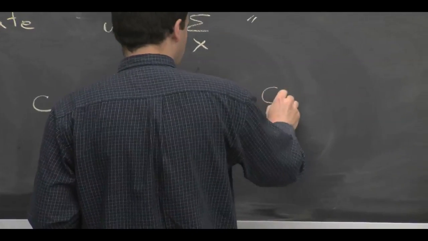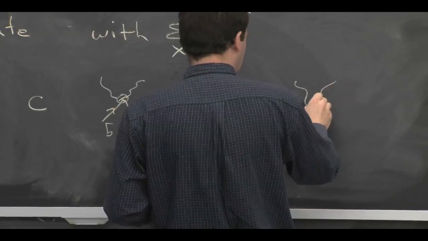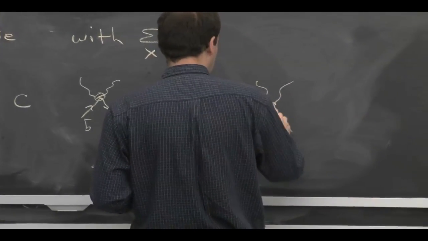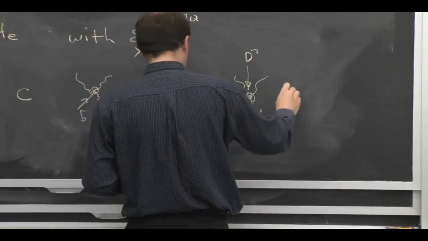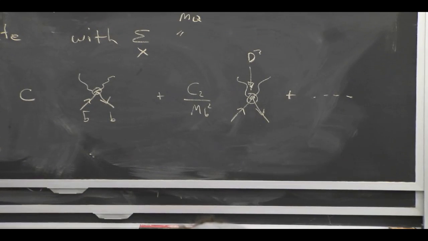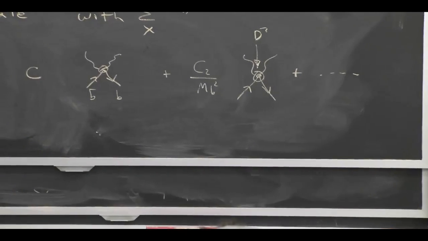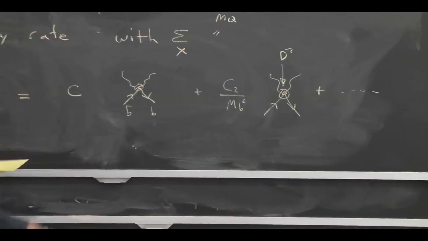And just to give you a schematic structure for those operators, there's a leading order operator. There's a subleading order operator that has an extra covariant derivative in it. That's kind of what you would do.